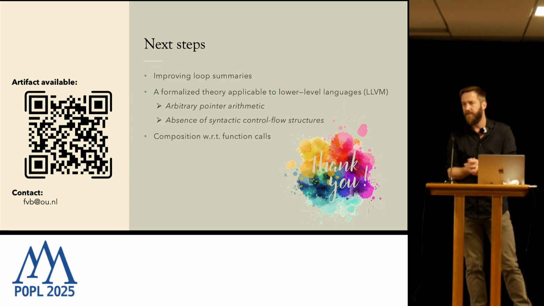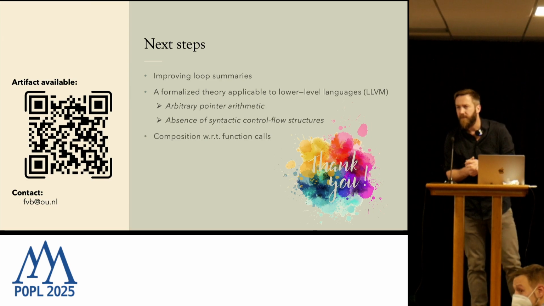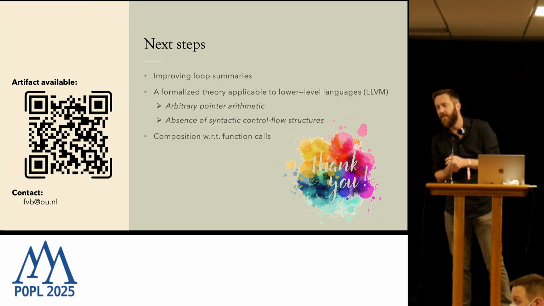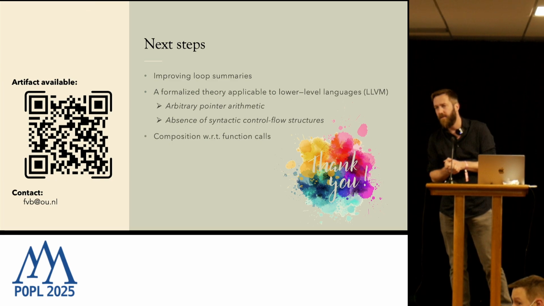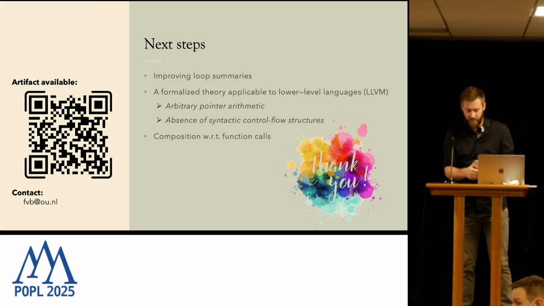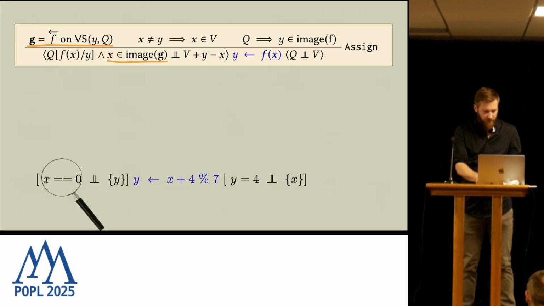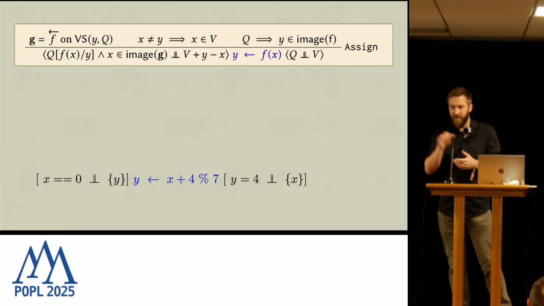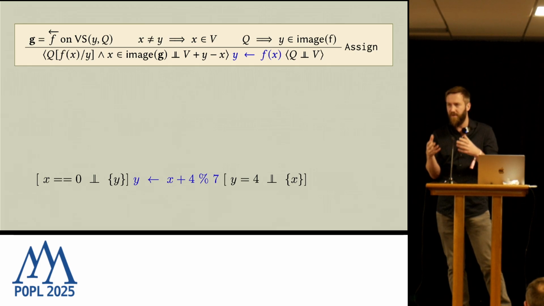Correct me if I'm wrong, is it fundamentally boiled down to the invertibility of the functions? So if you have in your example a function f, if it's non-invertible, how does it work? Let me show the rule here. If I heard you correctly, the question is, if f is not invertible, how does it work?